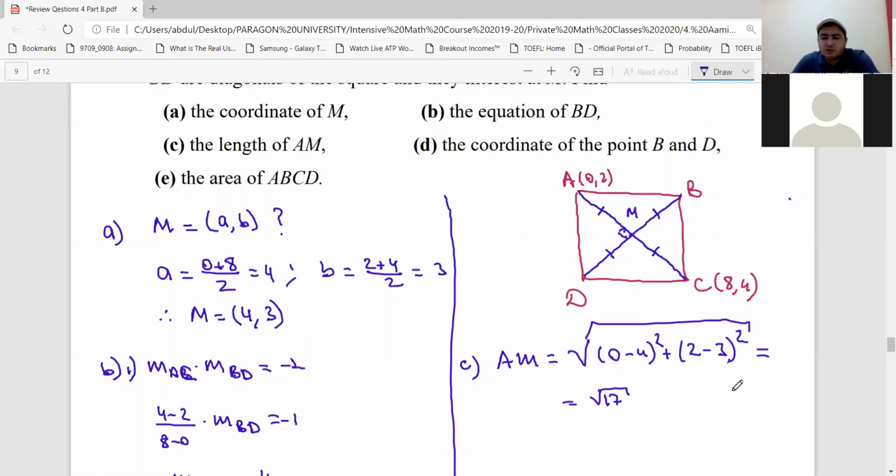Next, find the coordinates of the points B and D. That is a little bit challenging. What do you think? Just tell me the idea, I will do it here.